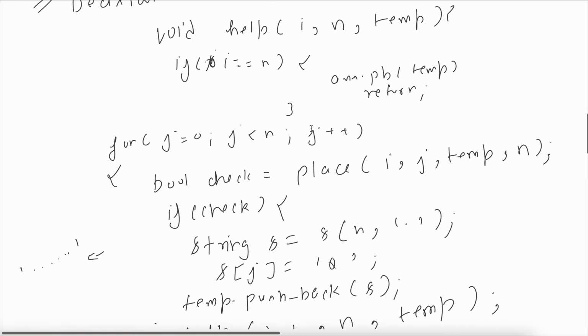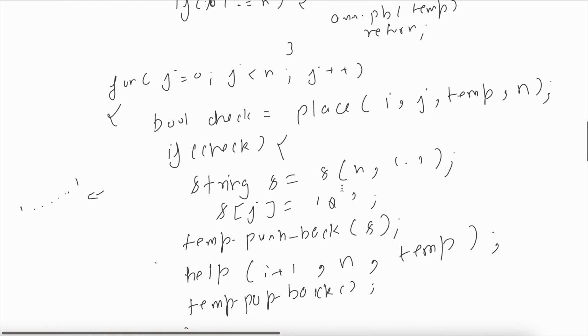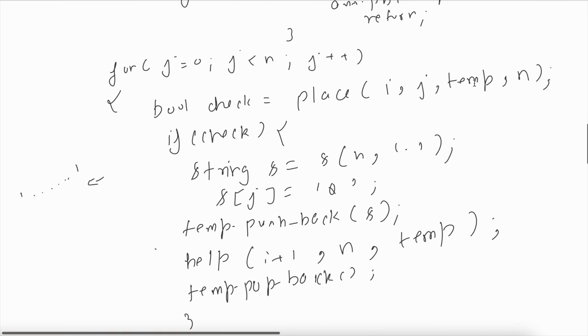What we have done is implemented a helper function which will place q at the ith position in the n cross n chessboard. We have a temporary answer, which is the answer till this point. First, we have explored all the columns. With the help of temp, we have checked if we can place our queen at i comma j position or not.